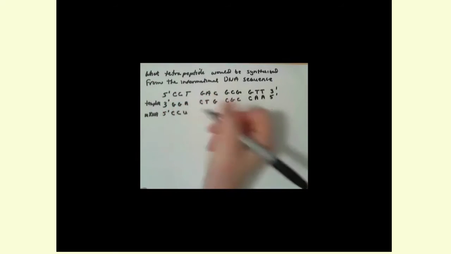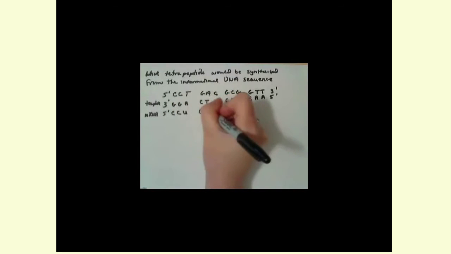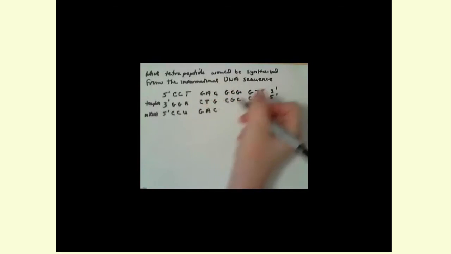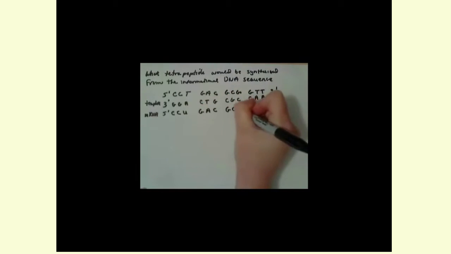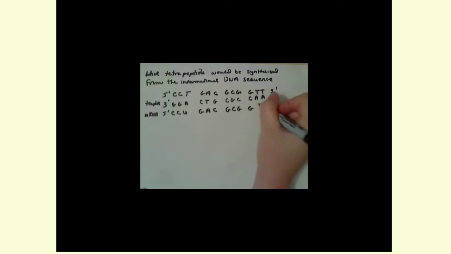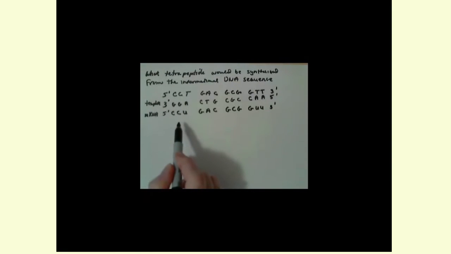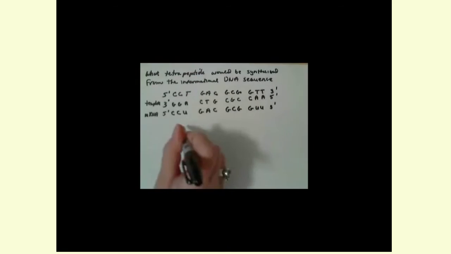Since I have the informational strand, this is just going to be C, C, and then T is going to become a uracil. And that's going to be G, A, C, G, C, G, and G, and now both of these T's will be replaced by uracils. So that's our messenger RNA. Now, from this, I can go to the table in the book and I can determine the protein sequence. So let's see. For CCU, that's going to be a proline.